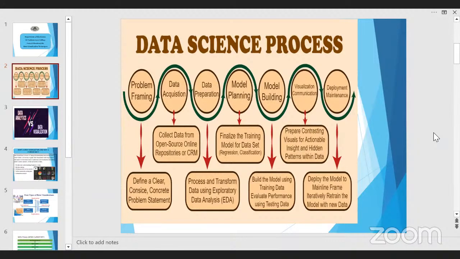Now, the complete data science process includes all the things that are listed here in this picture, from data framing to data acquisition to data preparation. I'm not getting into the nitty-gritty of data per se, because we all at this point of time understand the importance of data and big data, more so because we all use the internet and we have been flooded with a lot of data.